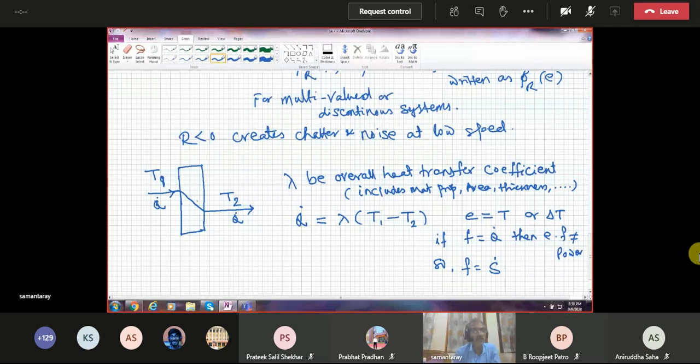So whether Q dot is the same here and here, like a pipe flow, but if you take, let's say, this side S1 dot and this side S2 dot, these two are unequal. Because S1 dot is basically Q dot by T1 and S2 dot is Q dot by T2.